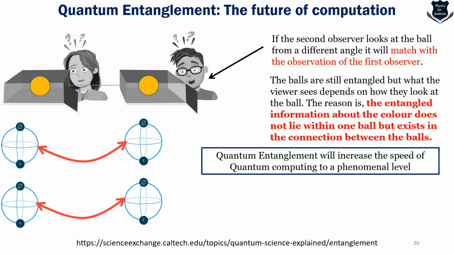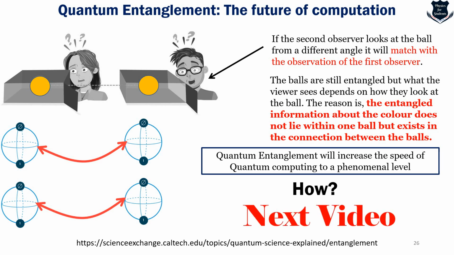And this is something which we call superdense coding, and that will increase the quantum computing phenomena level. The question is how quantum entanglement improves the computation speed of a quantum computer. That is what we are going to deal with in the next part of the video.